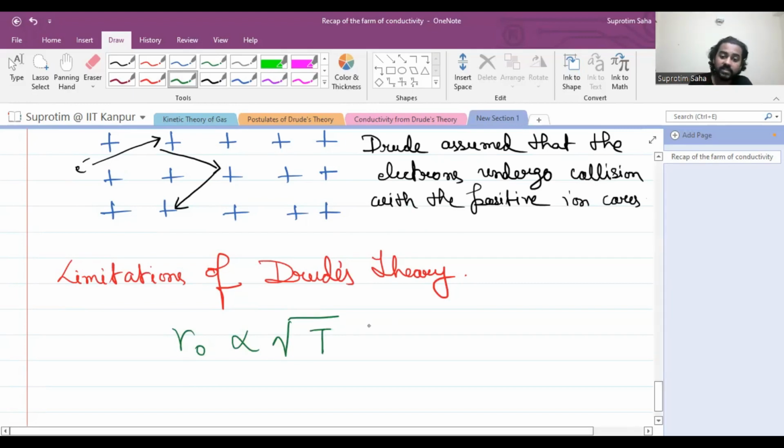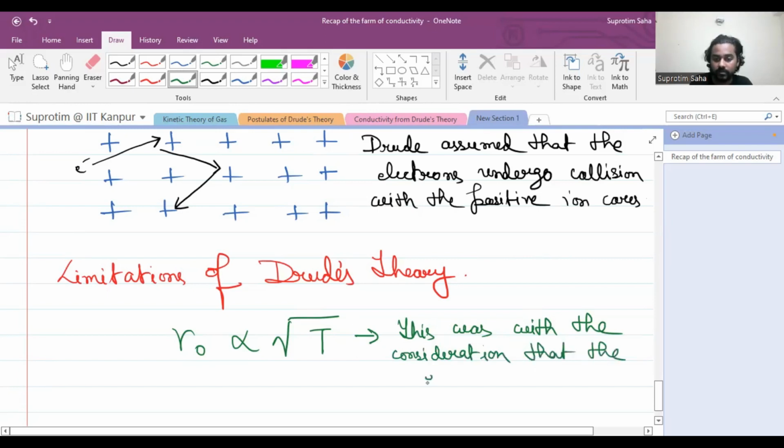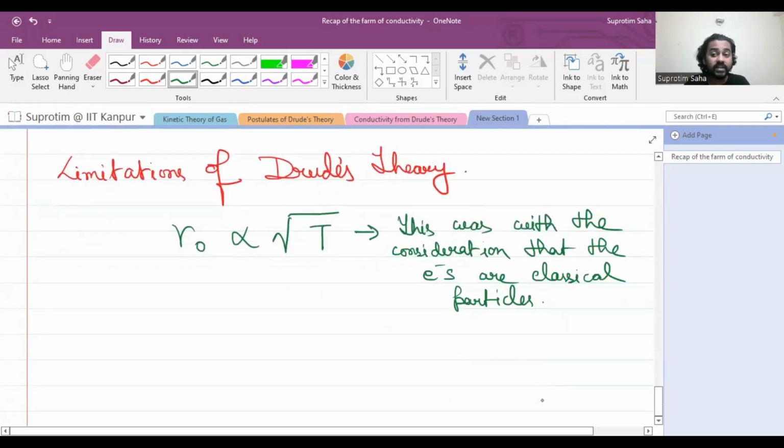This was with the consideration that the electrons are classical particles. But in reality, this is not the case. You know that electrons are quantum particles.